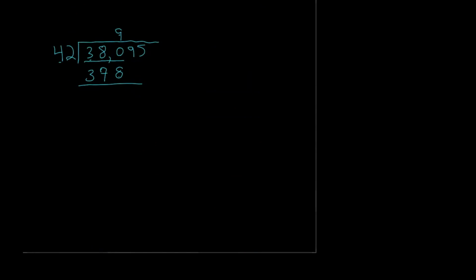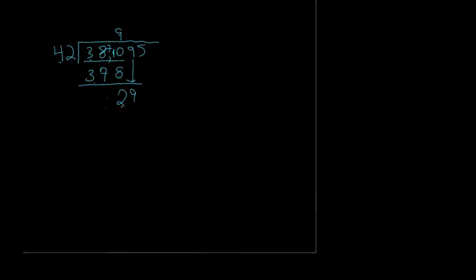Well, I can't do 8 from 0, so I'm going to borrow 1 from here. So 8 from 10 is 2. 7 minus 7 is 0. And 3 minus 3 is 0. So I got 2. Bring down the next place value.